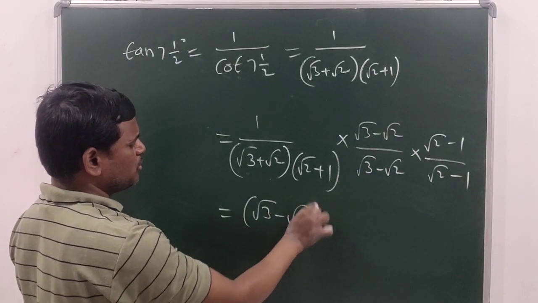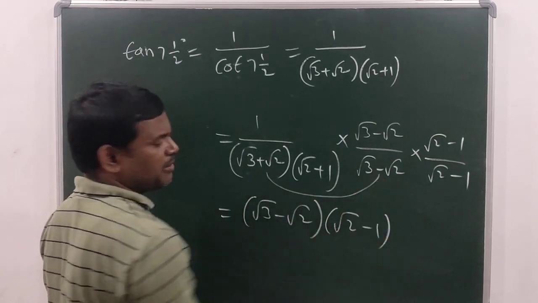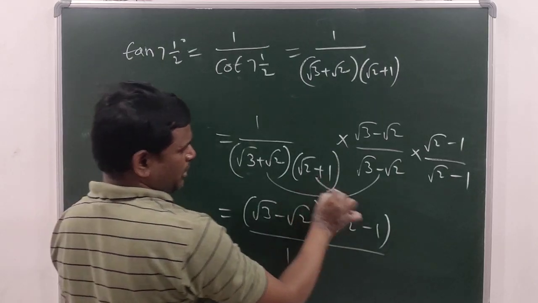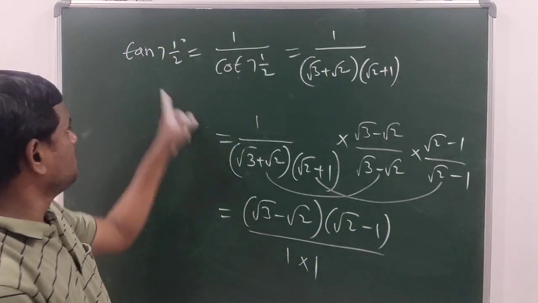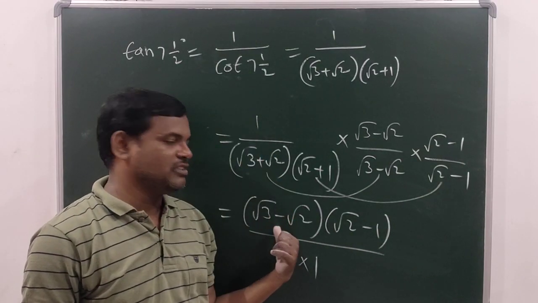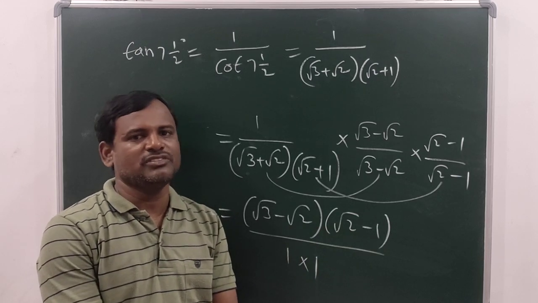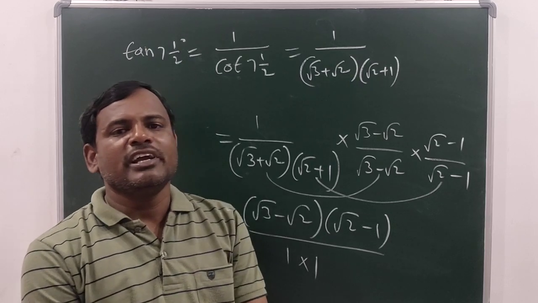Root 3 minus root 2 into root 2 minus 1. In the denominator a minus b into a plus b becomes 1, and here also a plus b into a minus b, whose product becomes 1. So this is our required value for tan 7.5 degrees: root 3 minus root 2 into root 2 minus 1.